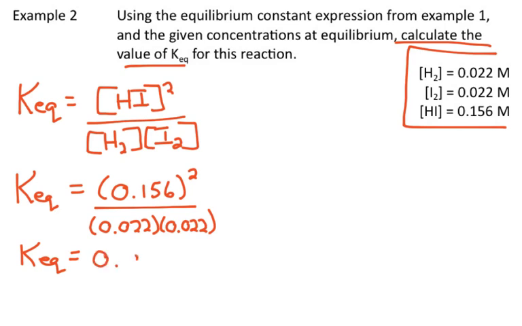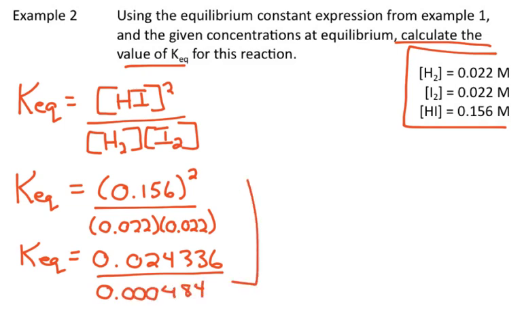We get 0.024336. 0.022 times 0.022 is 0.000484. We divide those. KEQ is roughly 50.28.